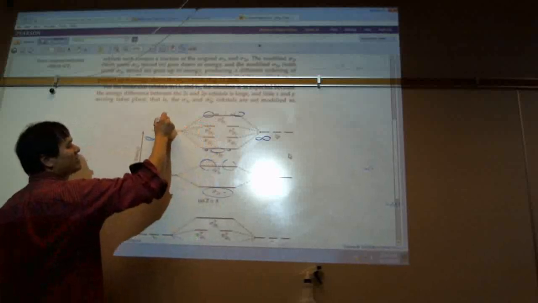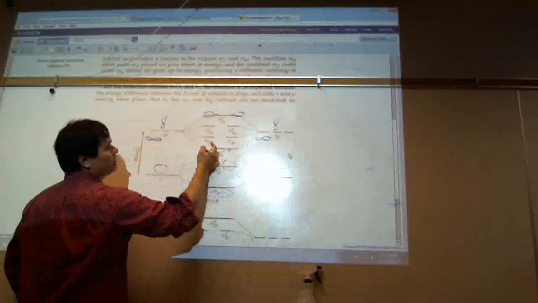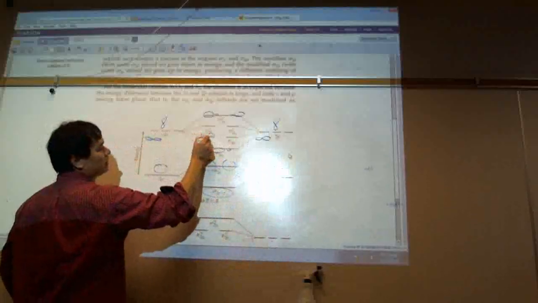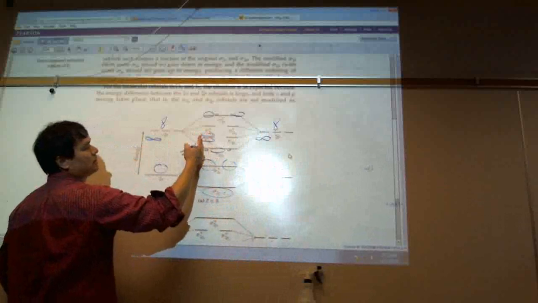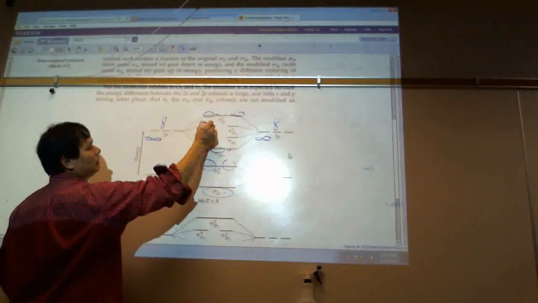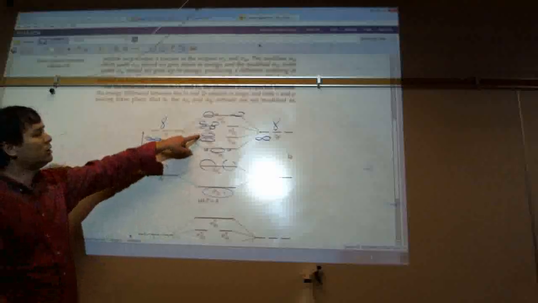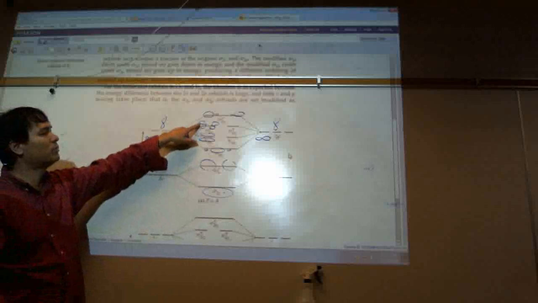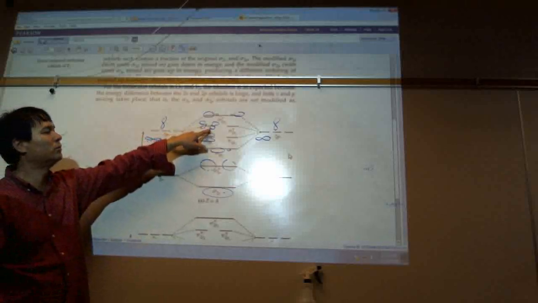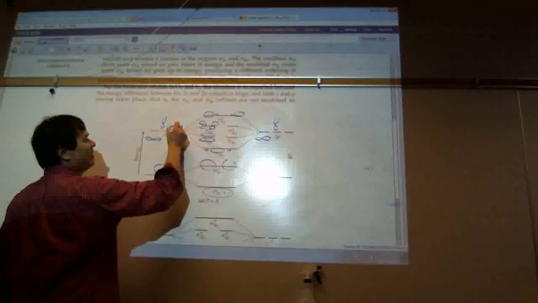Now we bring them side on. So this is one here, this is one here. And so we generate one of these sets here. This is the pi 2p. This is the pi star 2p. And so here we've got the two cigar shapes. It's like a pp pi. This is where they're repelling each other with a node there. And then we have this one that comes out, one goes in.